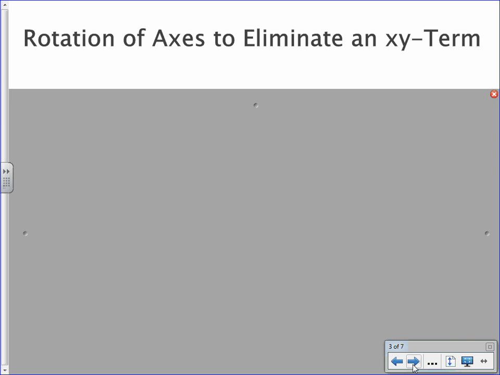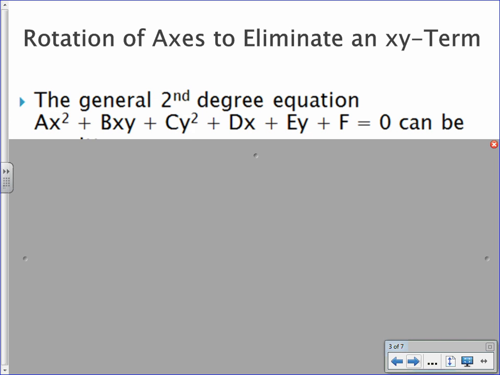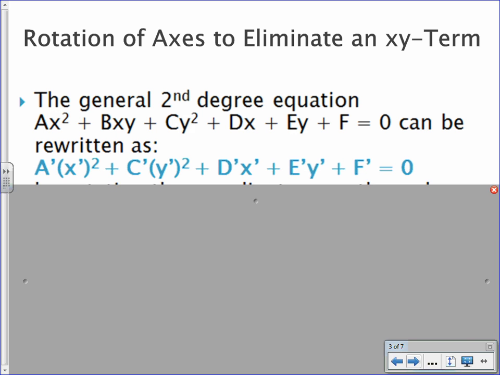Okay? So we're going to be given an equation that looks like this. That's what we've been talking about for the past 15 minutes. And we're going to change the way our variables look. We're going to write our equation in terms of x primes and y primes, and I'll show you how to do that.